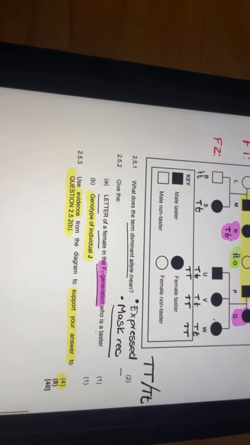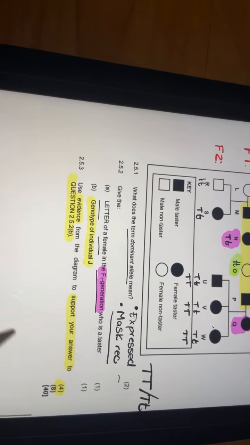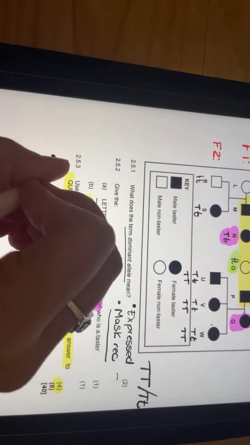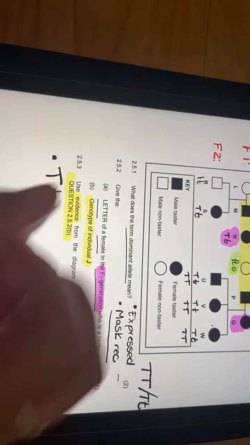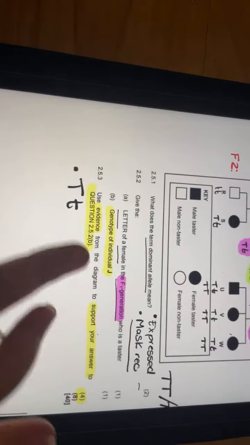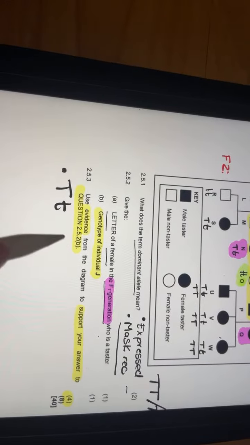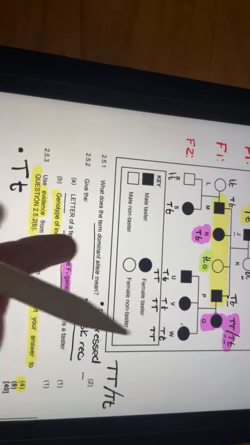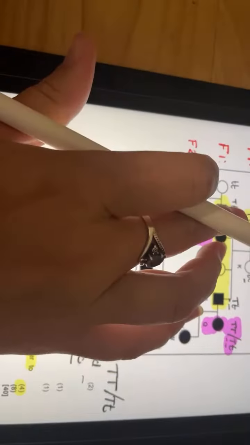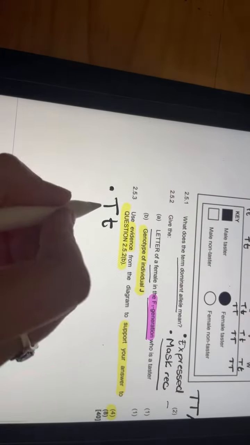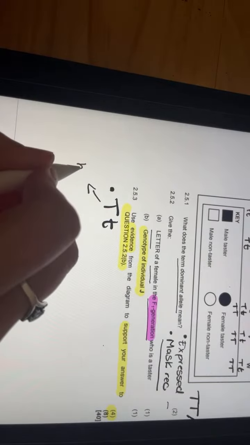So what you need to do is you need to say what dad is first. Dad is capital T, lowercase t, right? He's heterozygous. Now you need to explain how you know that. And you know that because of his children and also because he has the disorder. So first things first, we know that he has the disorder.